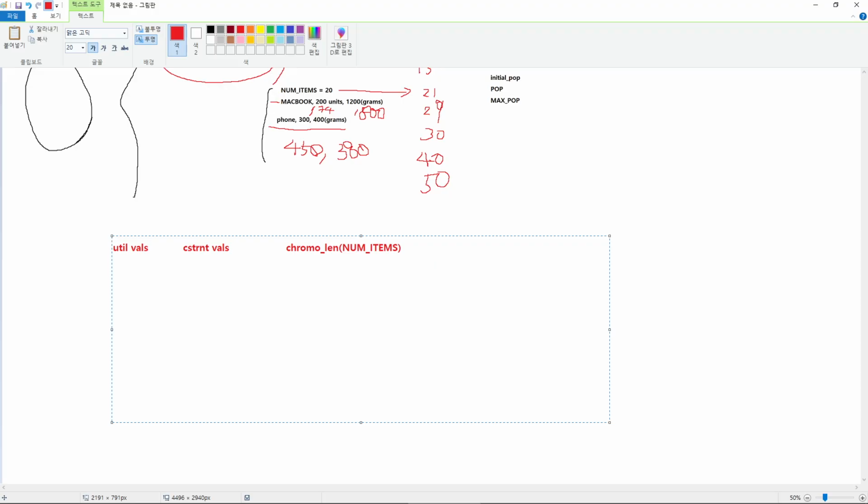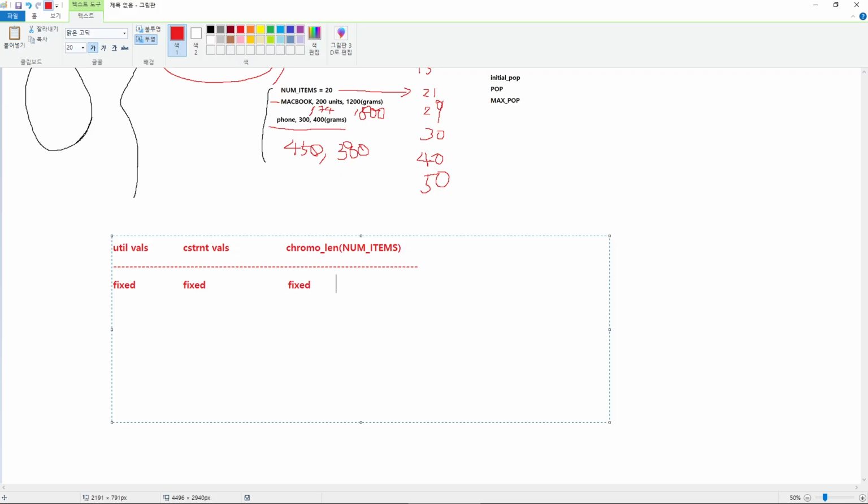So for example, if the utility values are fixed, then we can have the constraint values fixed as well, and the chromo length can also be fixed.